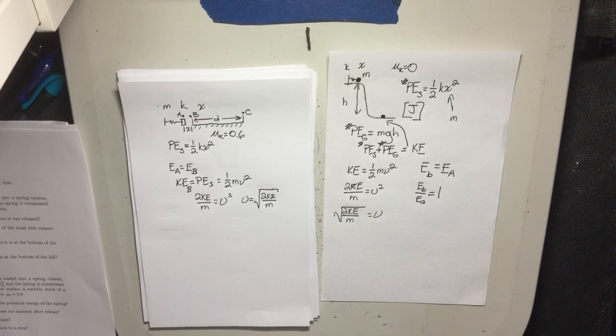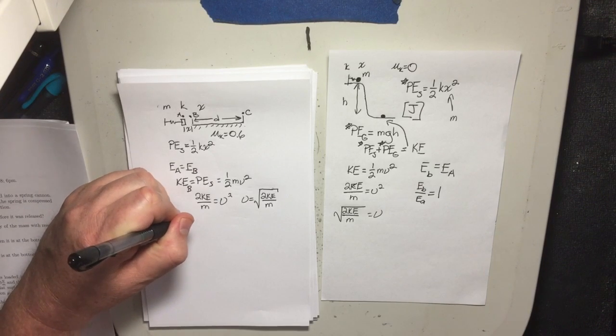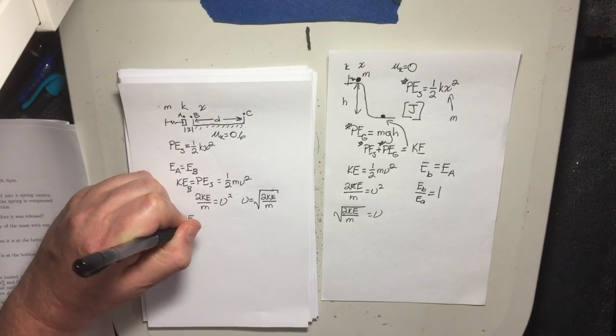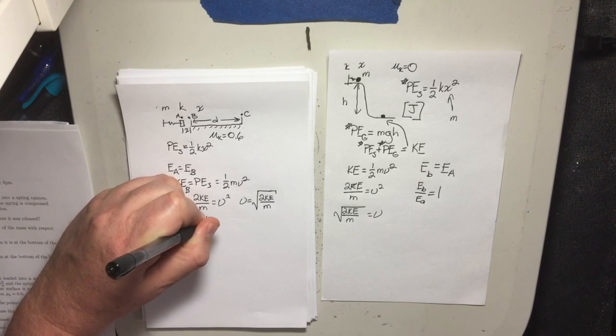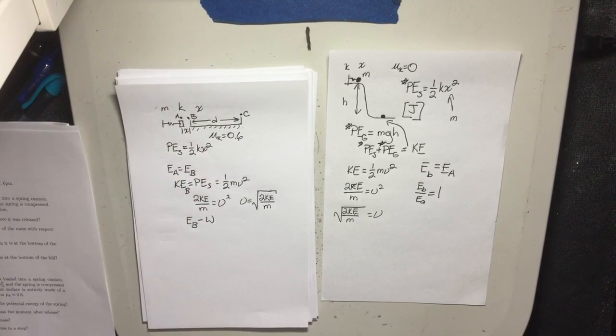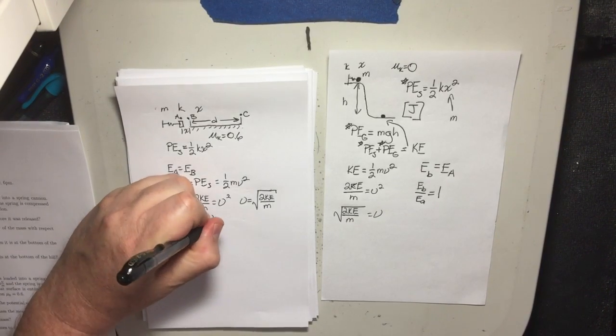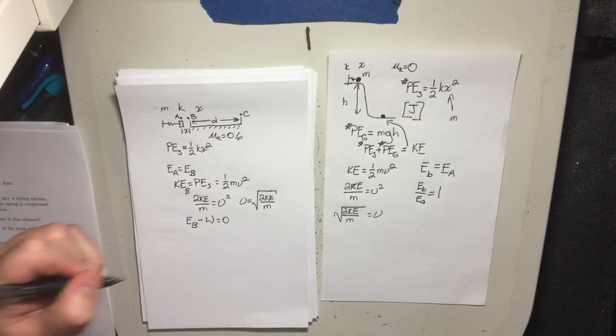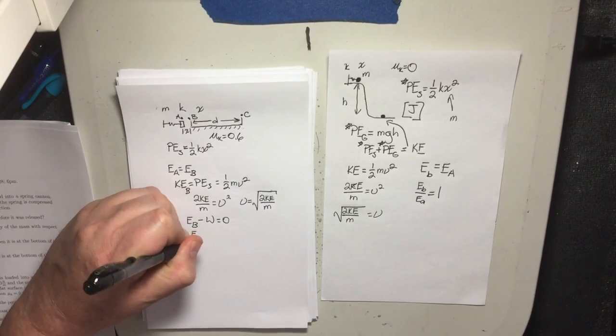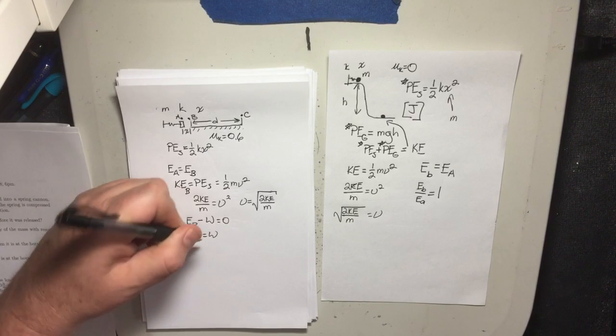There is no kinetic energy, there's no potential energy, there's nothing. So what we have here is that the energy at B minus the energy released through friction, the work, is equal to 0. Or EB is equal to the work.